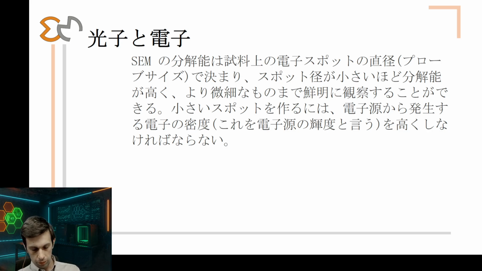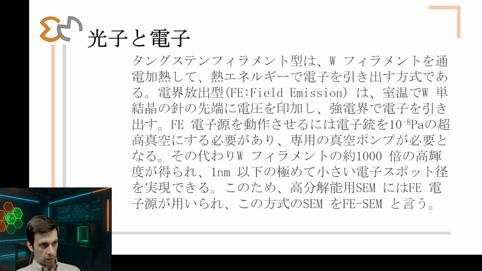So the resolution of a microscope is determined by the diameter of the electron spot on the sample. And apart from the diameter of the electron spot, we also need to have an electron density good enough to receive enough signal back to be able to read an image. This means that depending on the type of source, we can have different resolution.